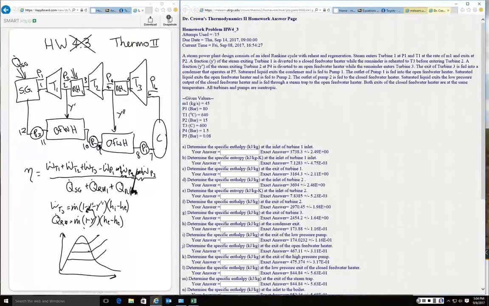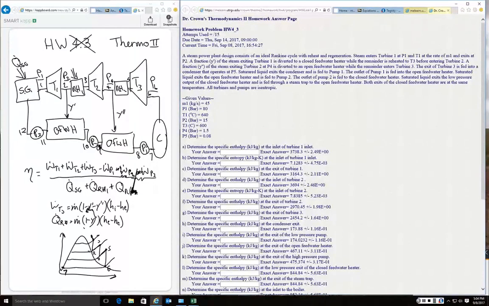And turbine 1, state 1 to state 2, then it reheats to state 3, drops down, reheats again, drops down to state 6, and then comes out state 7.